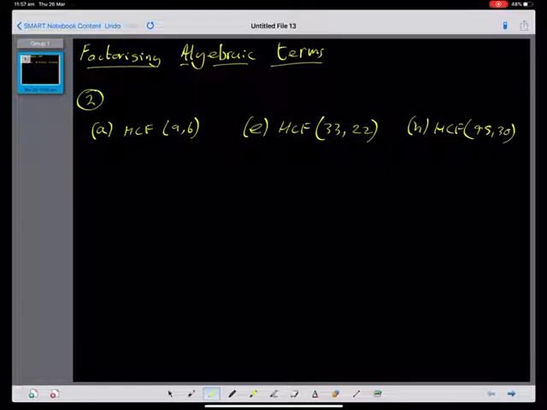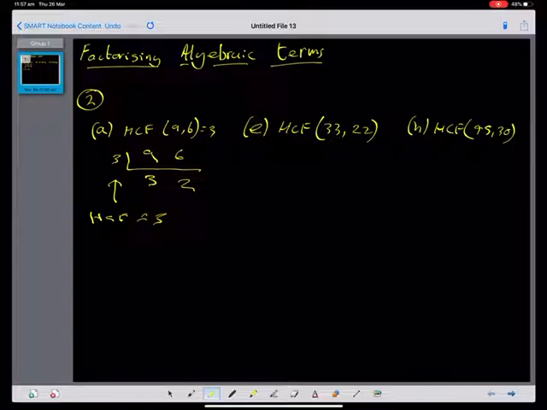Okay, so this is how you set your work out. And let's do that little algorithm again. We got 9 and 6. 2 doesn't work, 3 works to get 3 and 2. Okay, so we stop. So the highest common factor is 3. Let's do the same for 33 and 22. 2 doesn't work, 3 doesn't work, 4 doesn't work, 5 doesn't work.